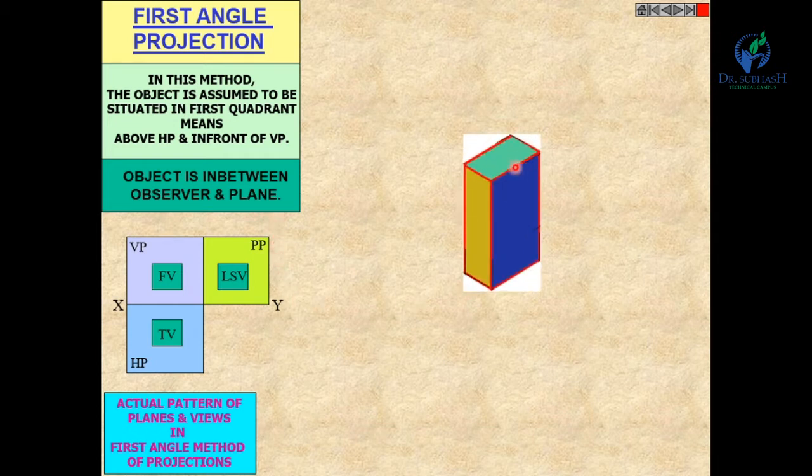See here, this is our object, and this arrow shows the direction of the observer for the front view. For the front view the observer will be here, for the top view the observer will be here, and for the side view the observer will be here. These are the three directions for observing this particular object.